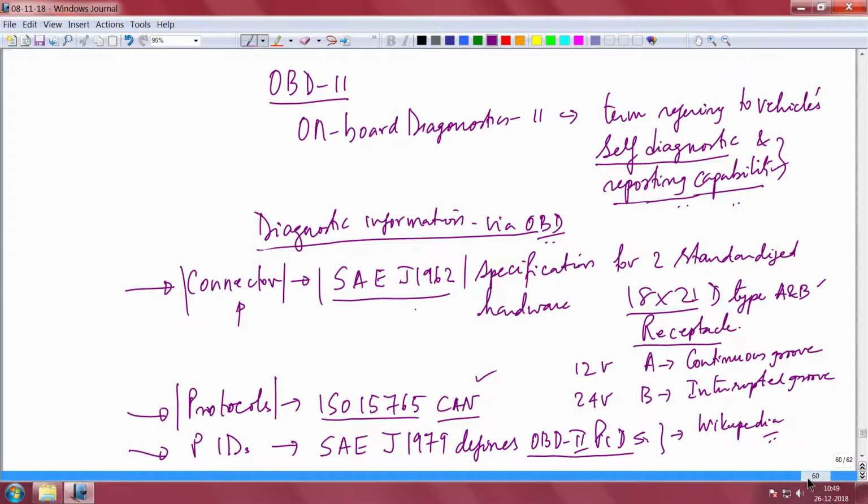The standard for PID is J1979. As per J1979, OBD2 parameter IDs are already defined. Vendors can add their own, they can define it and all that, but standard parameter IDs are something that vendors have to implement essentially.